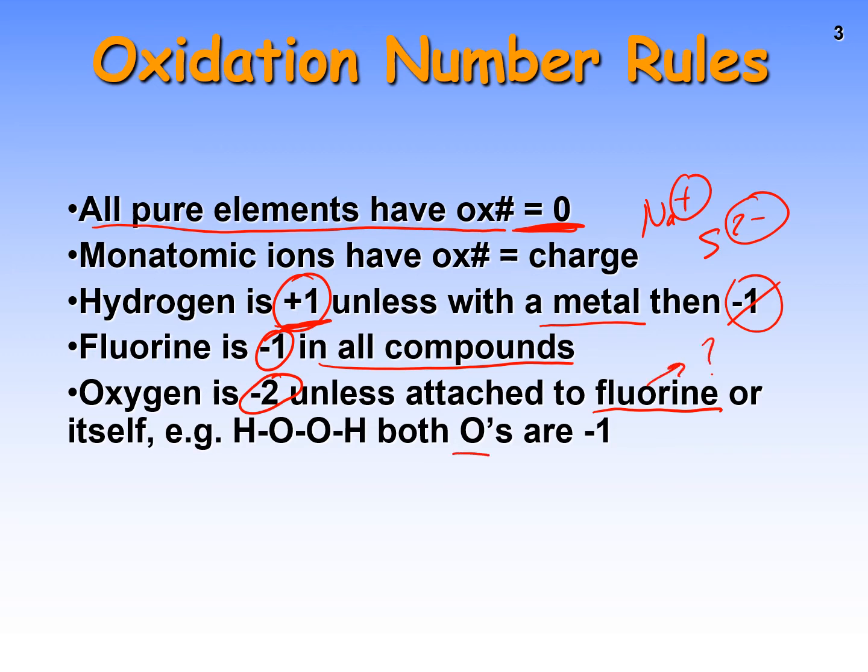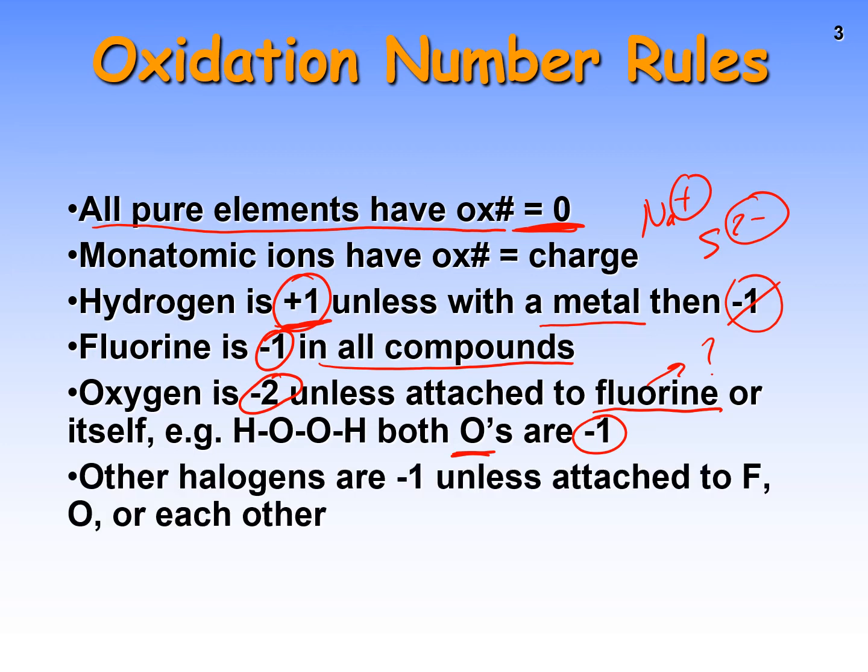If it's attached to itself, both O's have a -1 charge. This is like peroxide. These are some of the main rules that you need to know. Other halogens are pretty much always -1 unless they're attached to either fluorine or oxygen or another halogen, in which case we don't know what their oxidation number is. We'd have to solve for it.